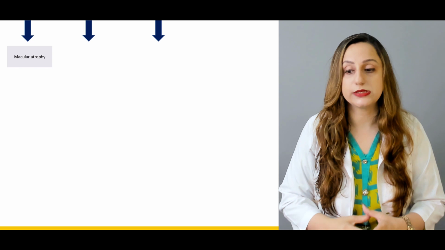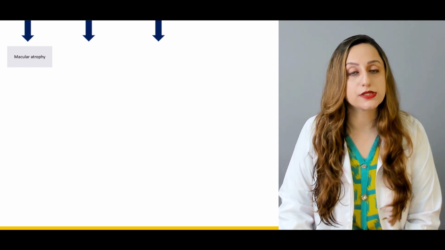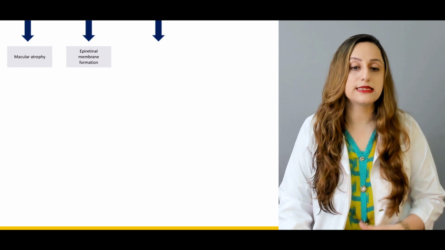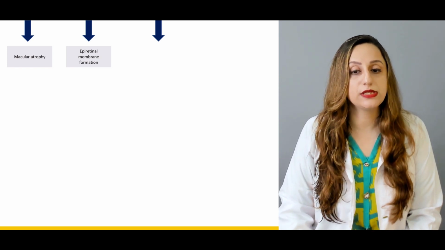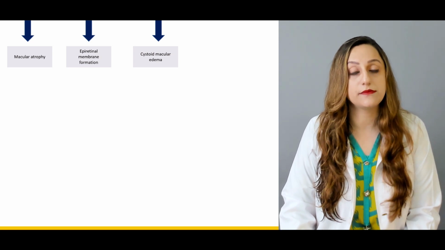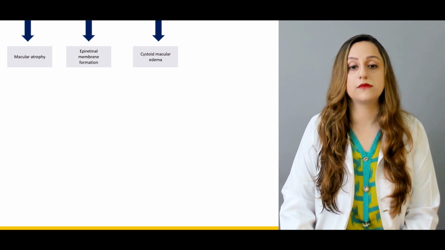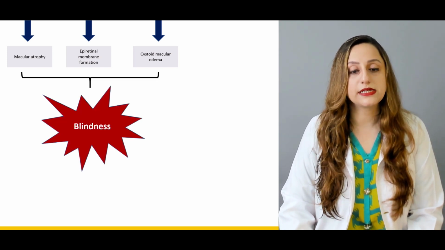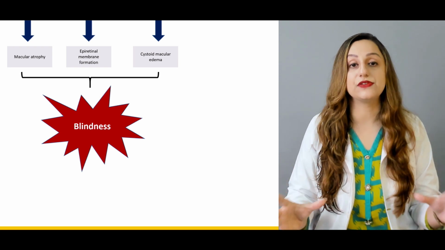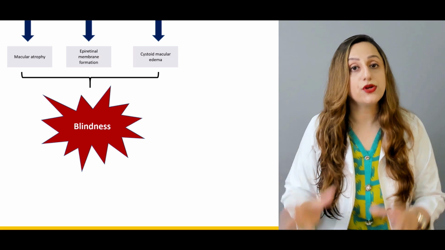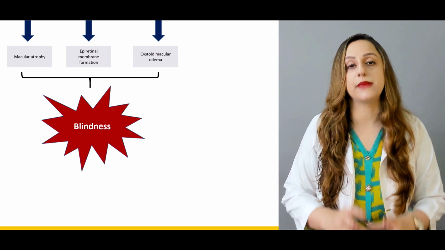Then we must see epiretinal membrane formation in a lot of individuals. We usually observe cystoid macular edema in a variety of patients. Sometimes all of these occur collectively: the macular atrophy, the cystoid macular edema, or the epiretinal membrane formation.